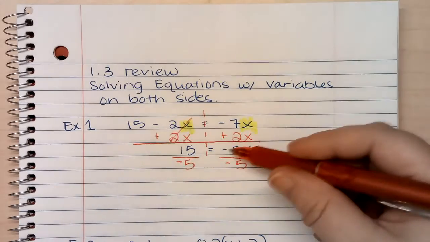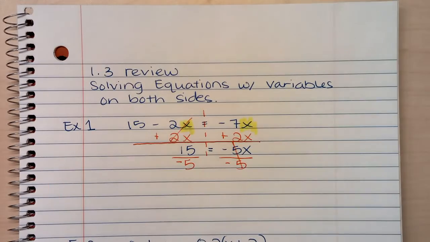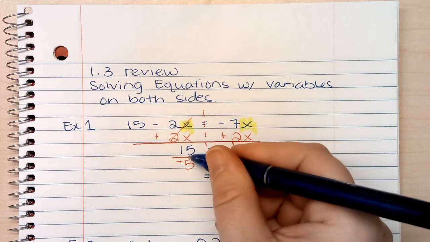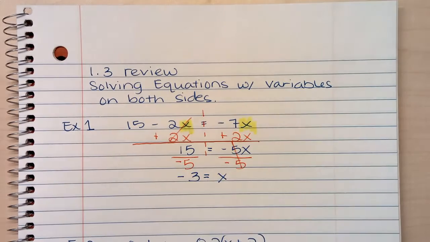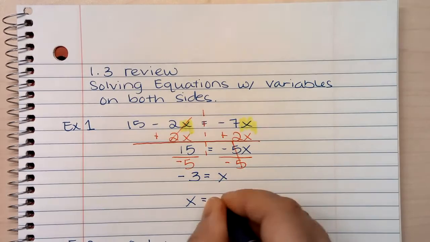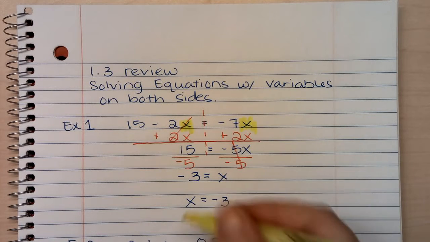When I do that, negative 5 divided by negative 5 is 1, so I know it goes away. I'm left with just x equals 15 divided by negative 5 is negative 3. I could also write this as x equals negative 3. And we are done.